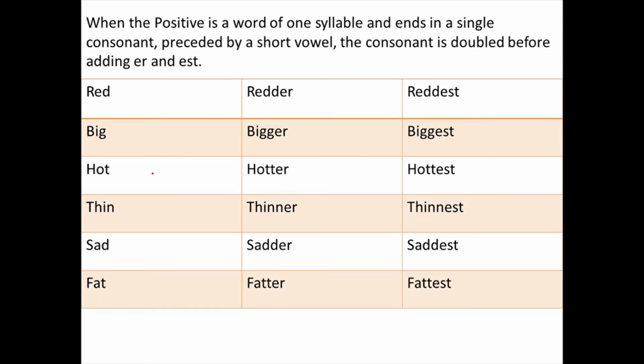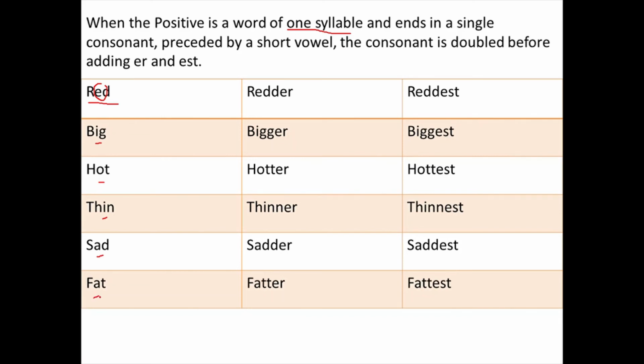Next rule is if the adjective is monosyllabic, meaning one syllable. One syllable means having one vowel sound only. Red, big: only one vowel sound is there. Hot, thin, sad, fat.